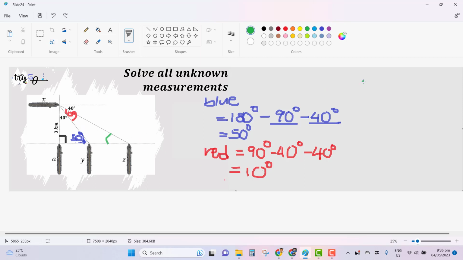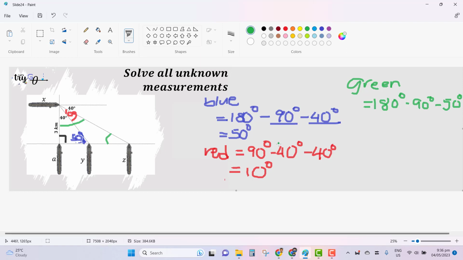So again, the green colored angle can be computed by subtracting the 90 degrees here from 180 degrees for the triangle angle sum theorem, and also subtracting this angle which measures the sum of 40 and 10, which is 50. So minus 50 degrees.